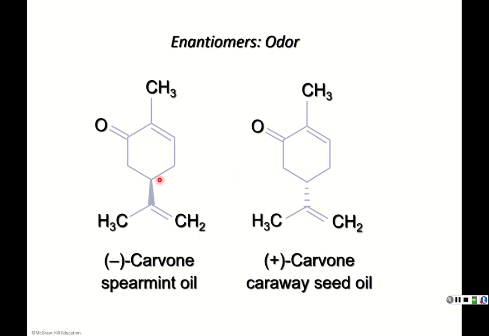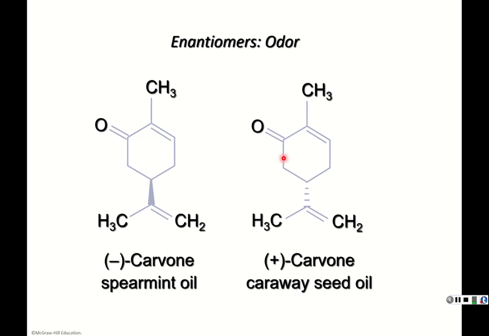If we look at what's termed minus carvone, the bond at the bottom of the ring is pointing out towards us, and in plus carvone, the bond is going into the screen. That's the only difference around this carbon. What's not shown here are hydrogens. So this carbon is also bonded to one hydrogen. In this case the hydrogen's sticking out, and in this case the hydrogen's going back.